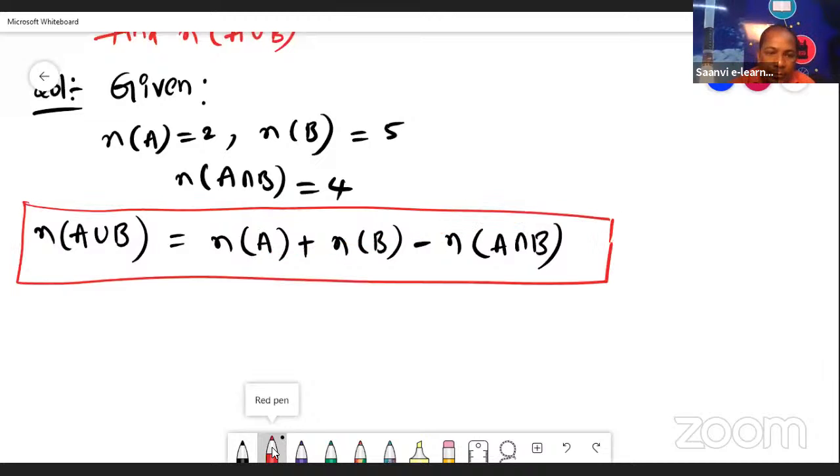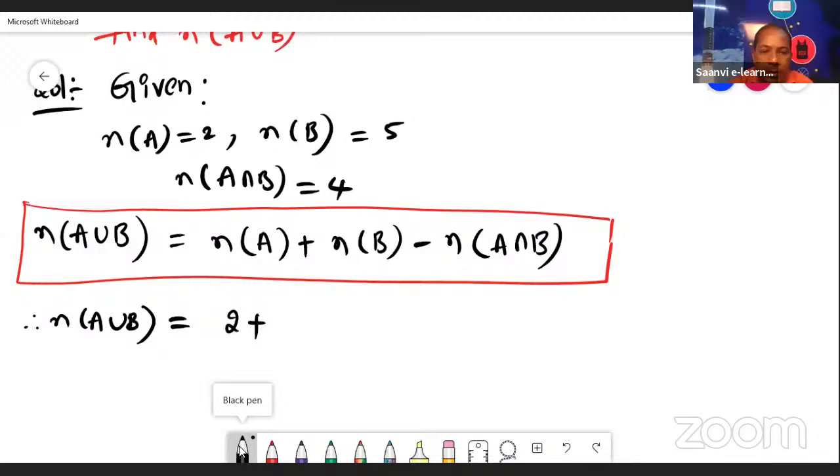Therefore n of A union B is equal to n of A, 2, plus n of B, 5, minus n of A intersection B, 4.